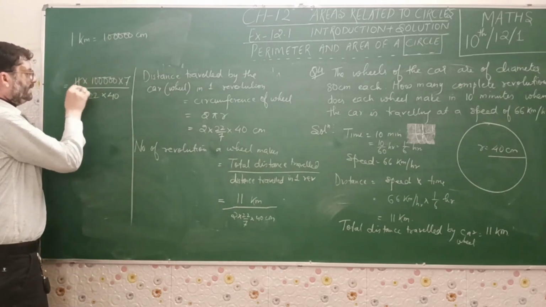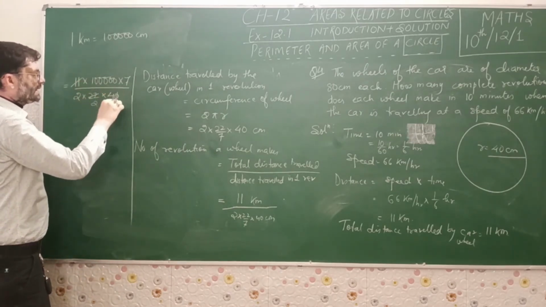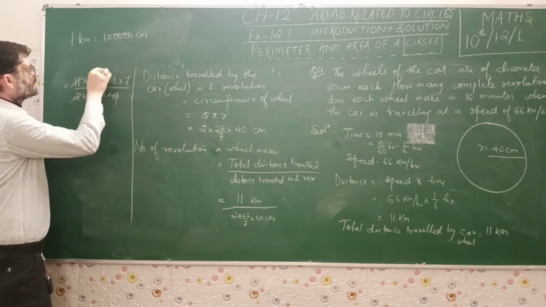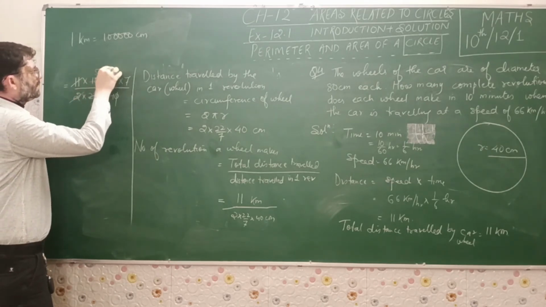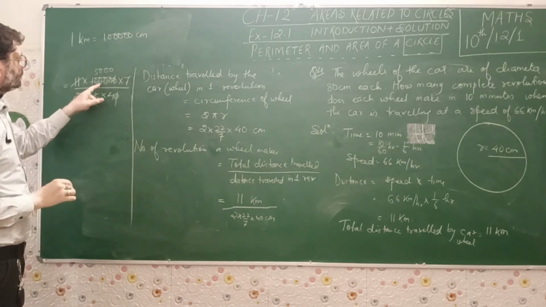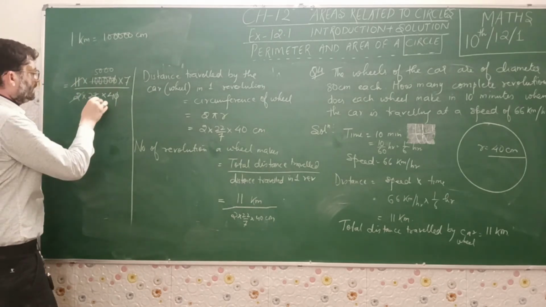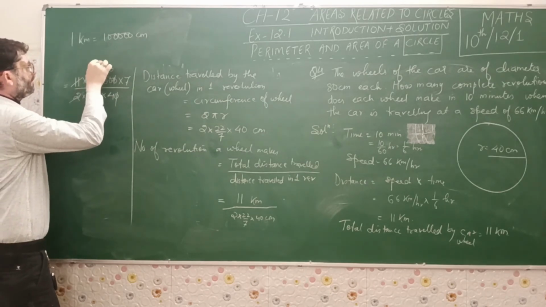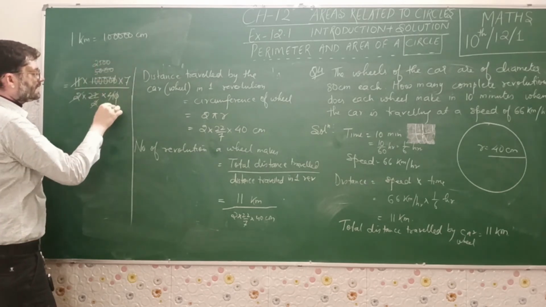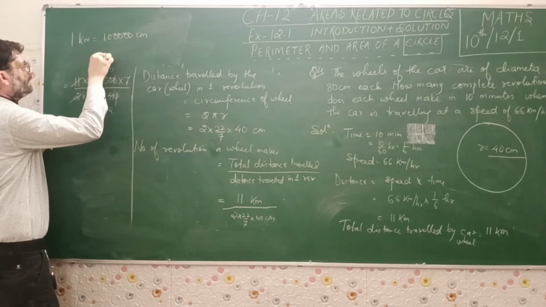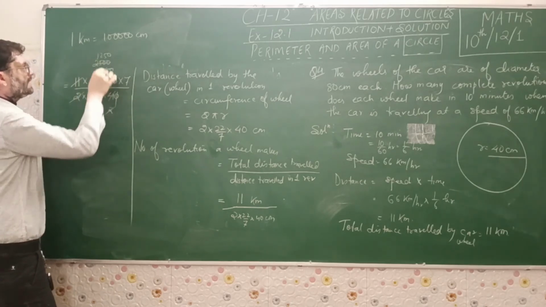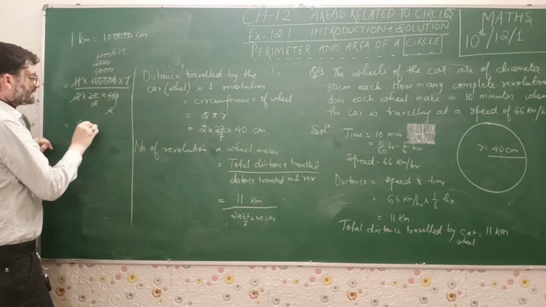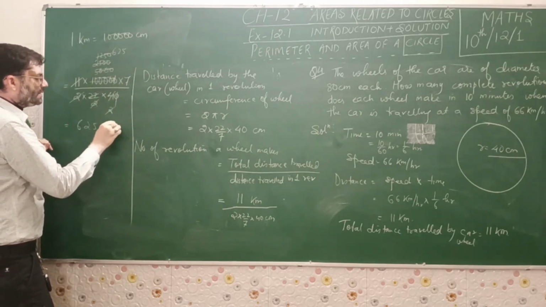Solving it, 11 and 11 cancel, and 2 cancels with the zero, giving 50,000 upon 2. Then again cancel with 2, this is 25,000, then 12,500, then 625. So you get 625 into 7.